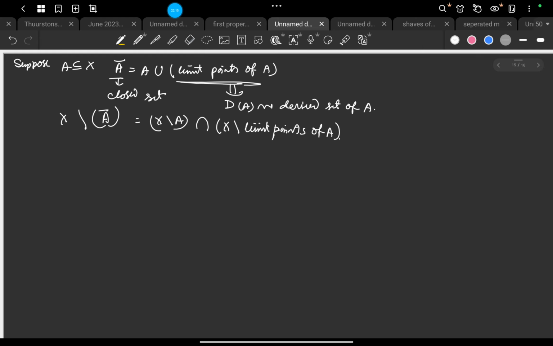So this A closure is a closed set, and not only that, A closure contains A. So A closure is a closed set that contains A.